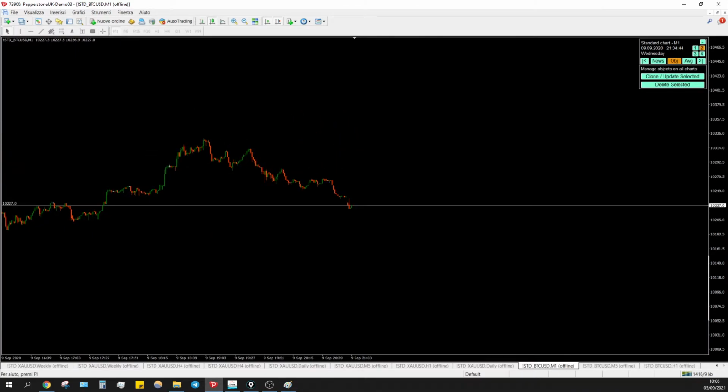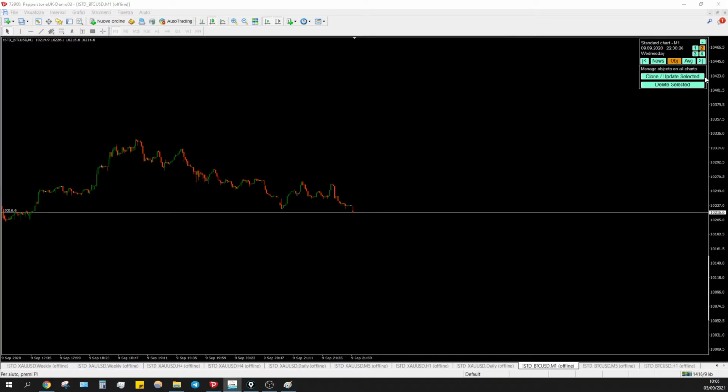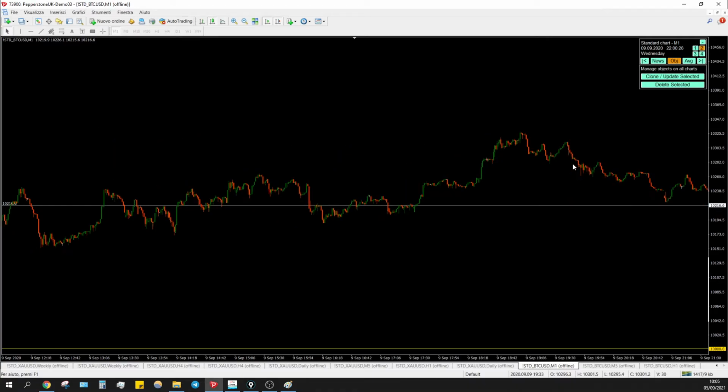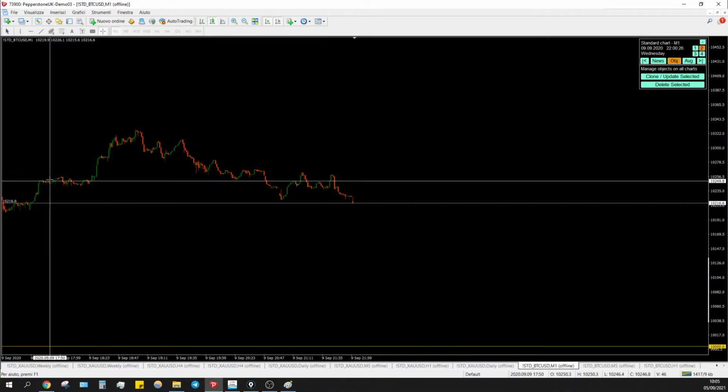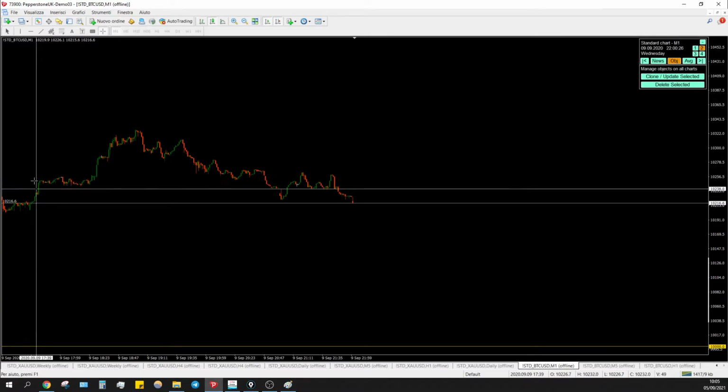But I'm honestly starting to think that Bitcoin is following the quarter theory of 250, 750, 500, and 1000. Because as you can see, there are many reactions at the 250-ish area.